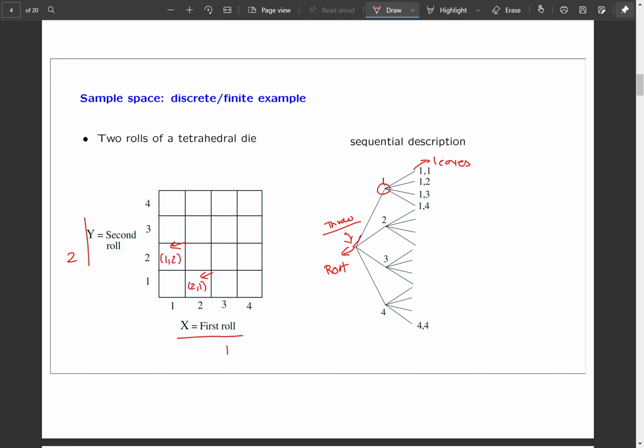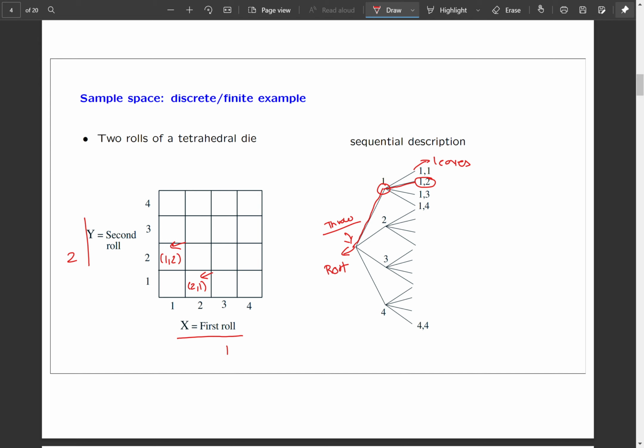We follow this branch. Then we do the second roll and take note of the result. And let's say we got 2. Follow the branch and we got 2. And we are at the end of the tree, which is the leaf, and we note the outcome 1, 2.